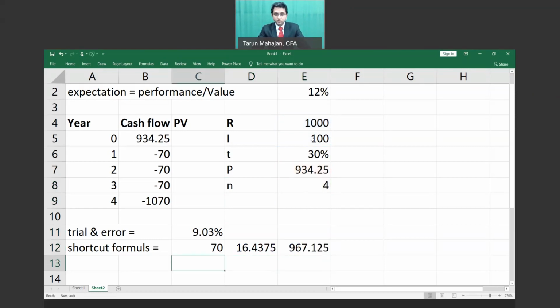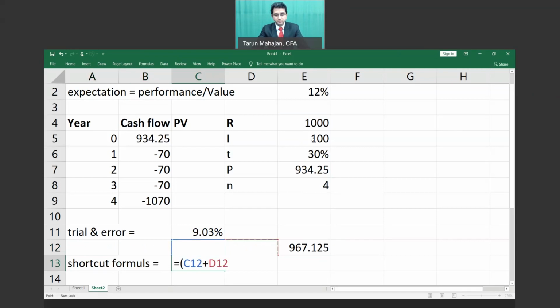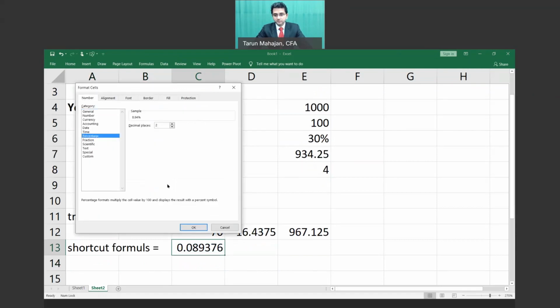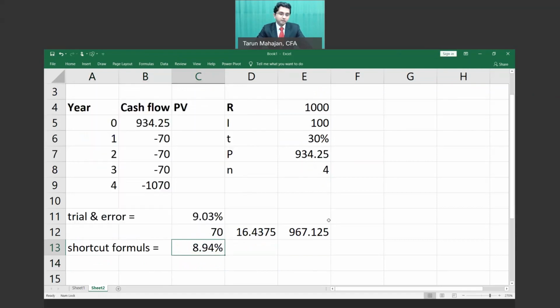So with the shortcut formula, final answer should look like this, .94%.